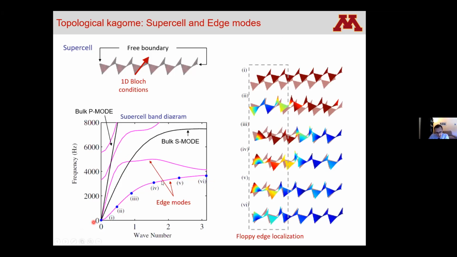And you see that across the entire set, I observe indeed the localization of deformation at one end, and not only one end, but specifically the end that the polarization vector has deemed as my floppy edge. Okay? So that means that this particular supercell mode is an edge mode. An edge mode means that the deformation mechanisms associated with these modes entail localization of deformation at the floppy edge.